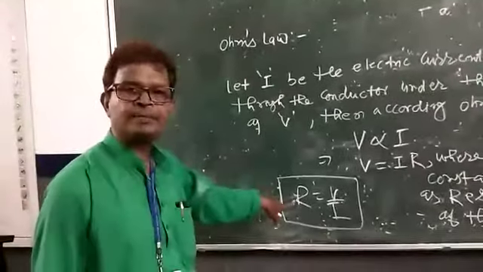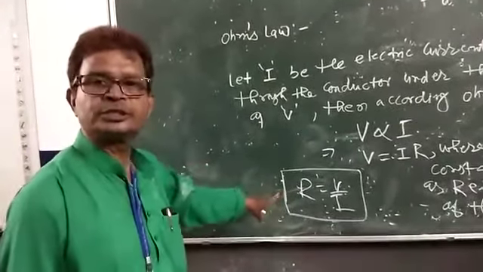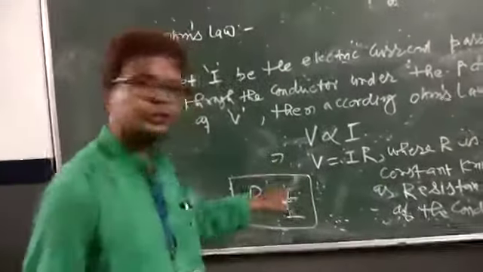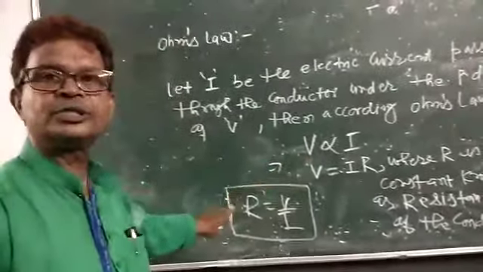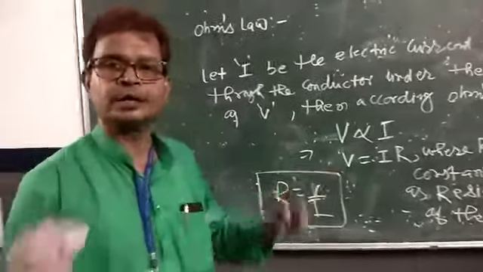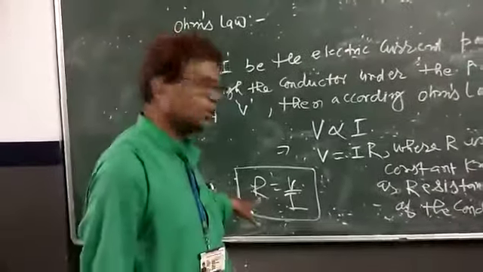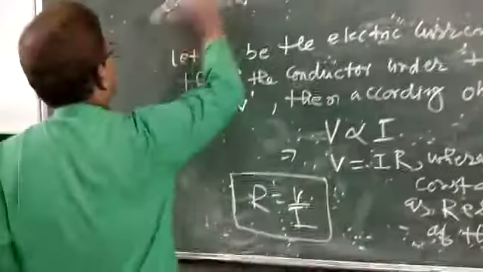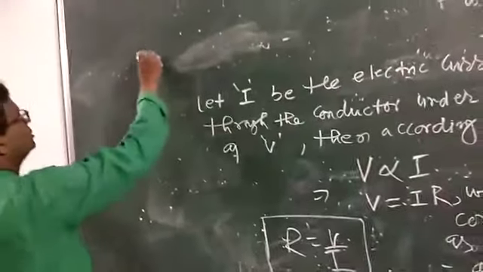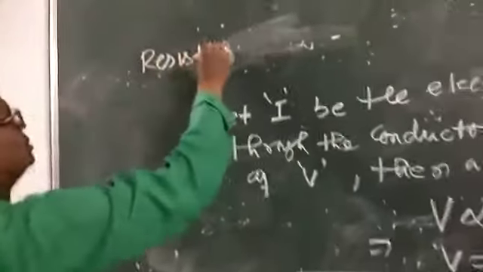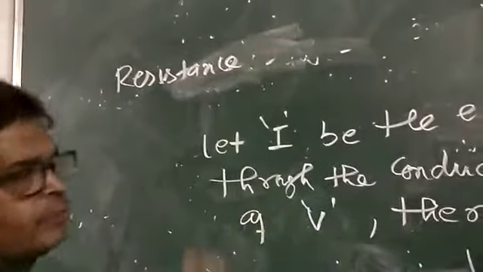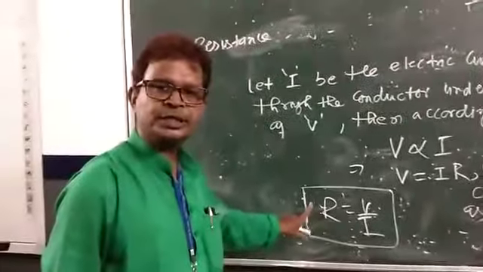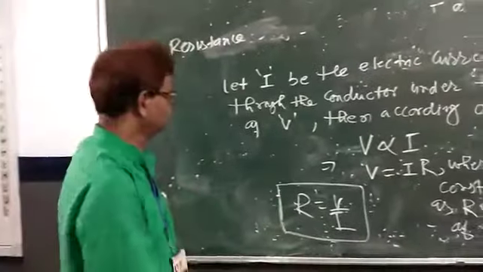Now we can have the definition of resistance. Resistance is the constant in this expression, which is the resistance of the conductor. So resistance of the conductor may be defined by considering this expression.